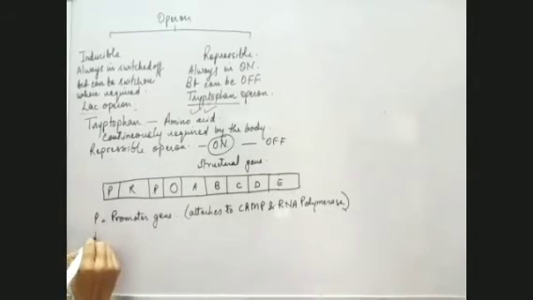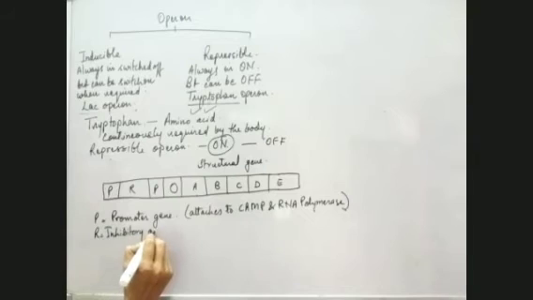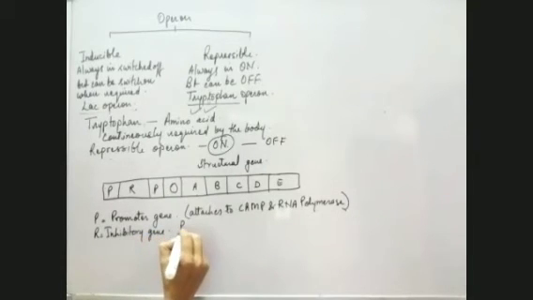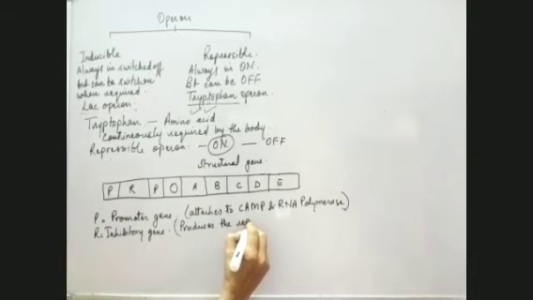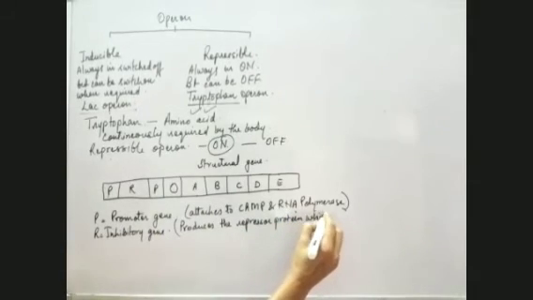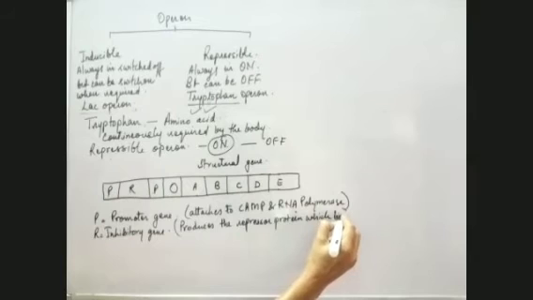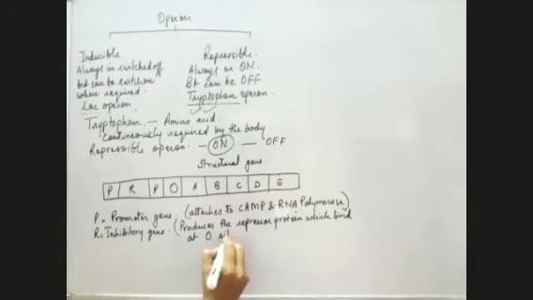Then we have R. R is the inhibitory gene. This inhibitory gene produces a repressor protein, which binds at the O site, the operator site.